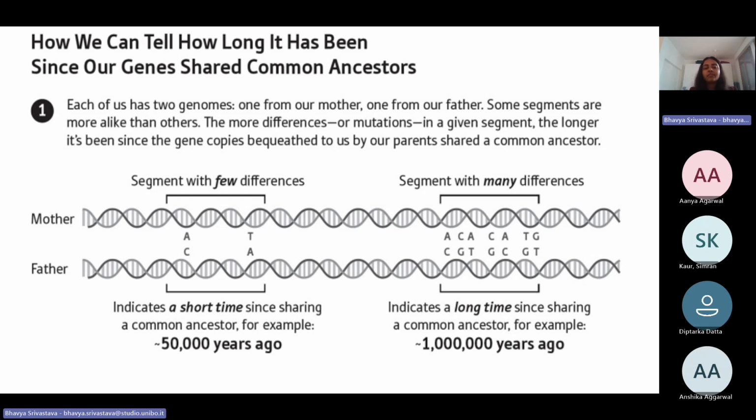Now, if you bifurcate this figure into two parts and look at the earlier part, you can see that there is a difference in nucleotides, but it is quite less in number. So more or less, the DNA material is the same between both the parents, which means that their common ancestor would have existed very close. That means the split would have occurred in a very recent time. In this case, it's 50,000 years ago.